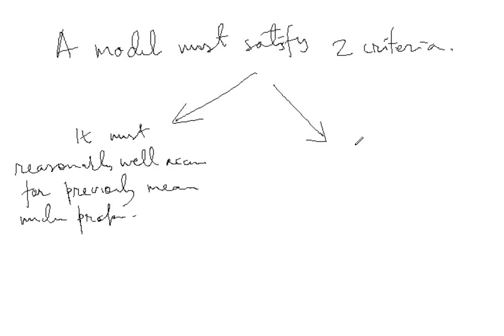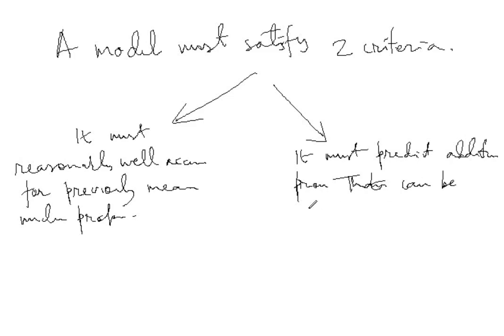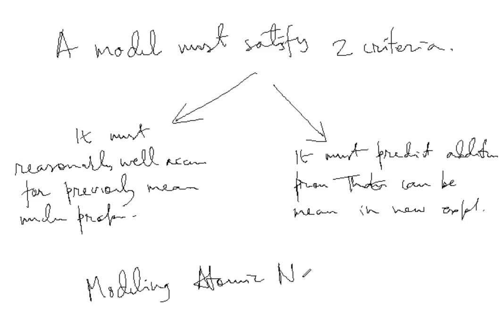The next has to do with the predictions. So, it must predict additional properties that can be measured in new experiments. Now, this system of modeling, so basically we are talking about modeling the atomic nucleus, right?